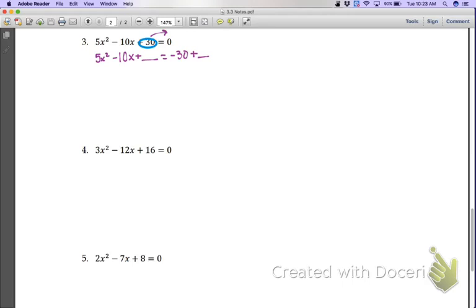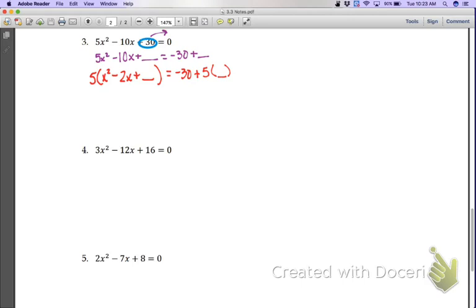So if I do that, I'm going to have 5 times x squared minus 2x plus the blank, negative 30 plus 5 times whatever's in the blank.